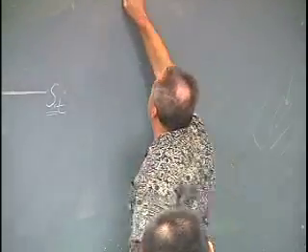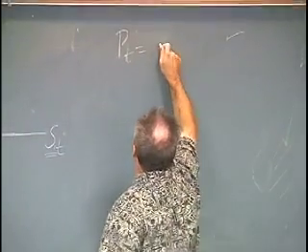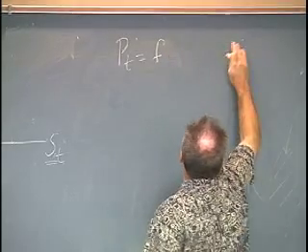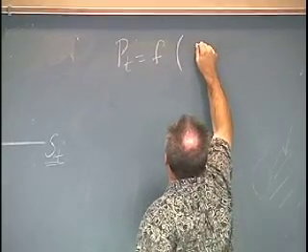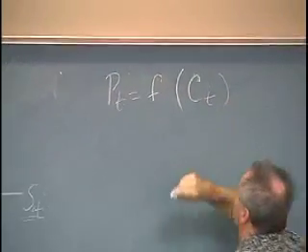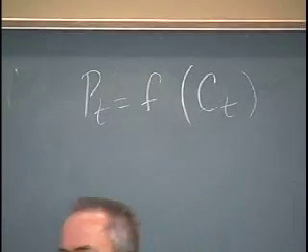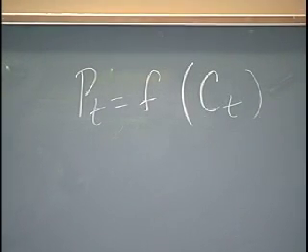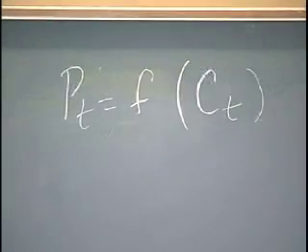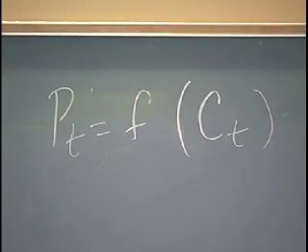So let's start with an equation you're all familiar with. The price in period t is a function of consumption in period t. Okay? That's an inverse demand curve. In fact, I could put a subscript t on this.